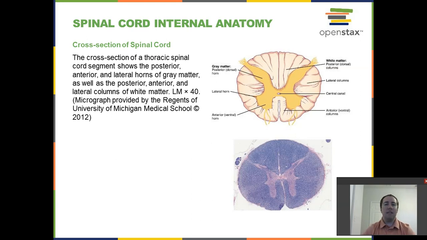Signals in the back of the spinal cord, in the posterior region, are going to move up the spinal cord towards the brain. And in the front of the spinal cord, signals are going to move down away from the brain. The way I remember that is I say back up. In the back of the spinal cord, signals are moving up towards the brain.